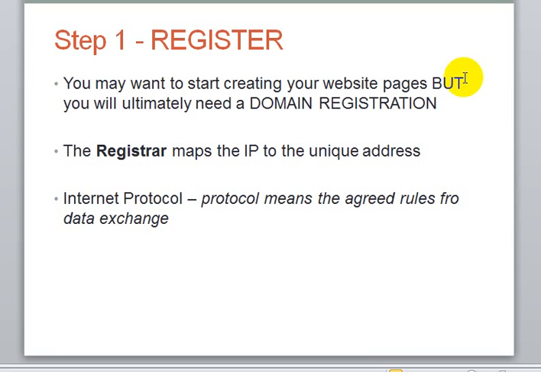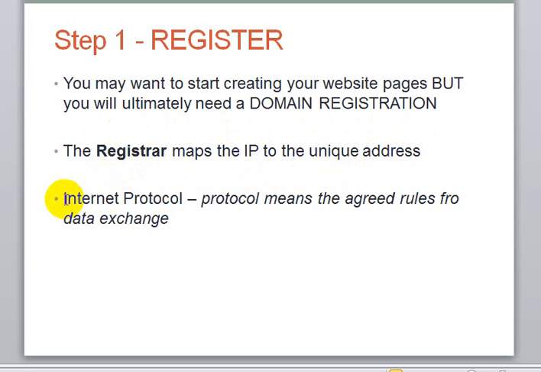A registrar maps the IP to the unique address. So your unique address is in text, but the registrar, besides registering and making sure the name is unique, actually maps the IP, the 123.40 whatever IP address, to your unique text name.